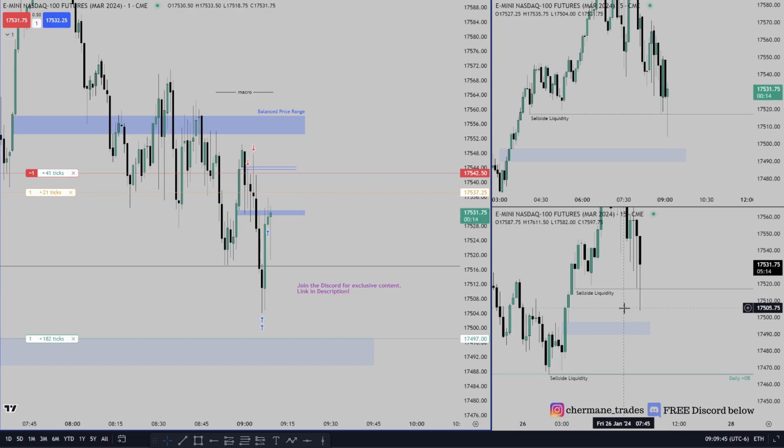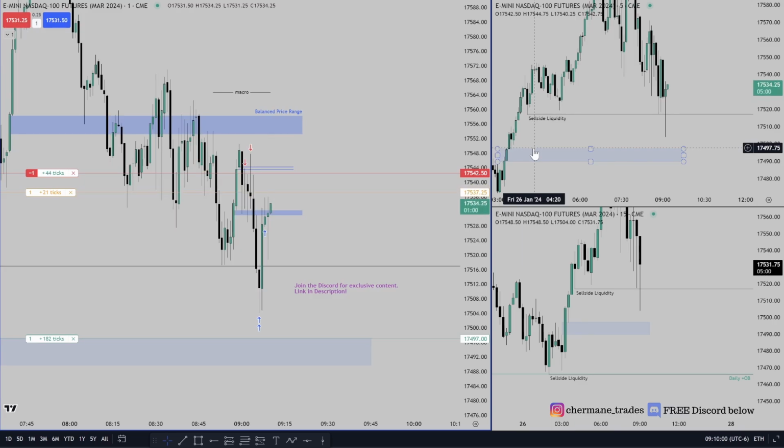So we closed 3 out of our 4 contracts in profit, and this last remaining one is moved a little better than break even. So not a bad trade. Dollar is ripping higher, likely to get stopped out here.